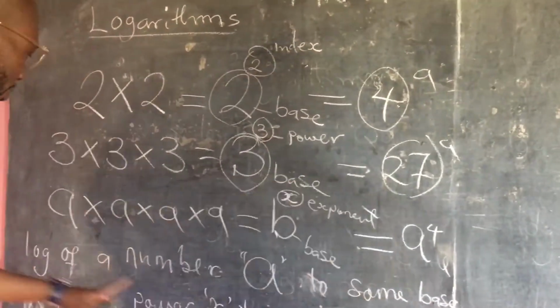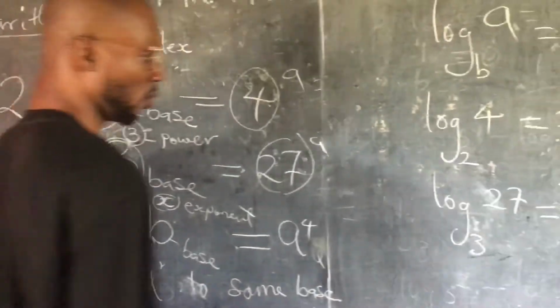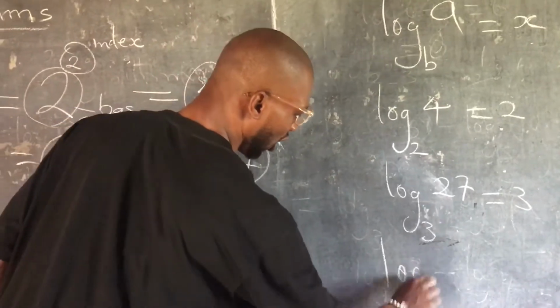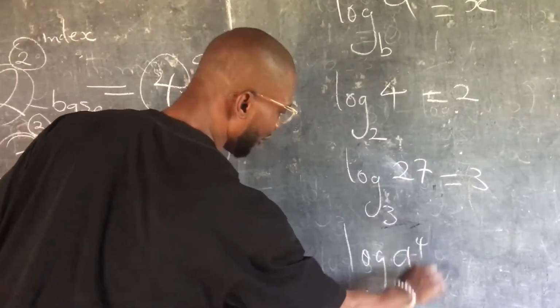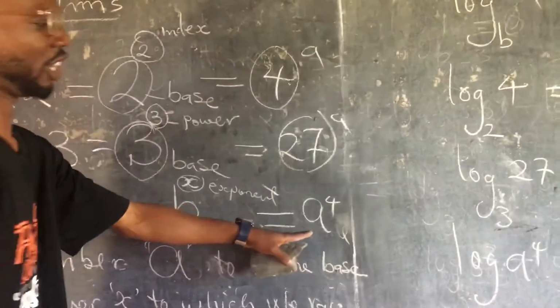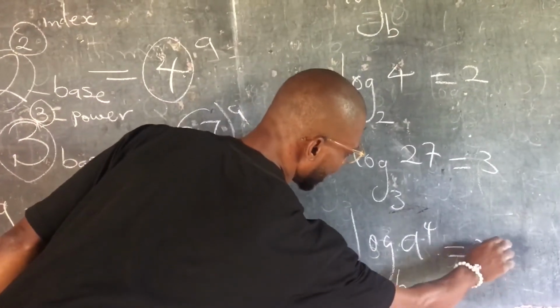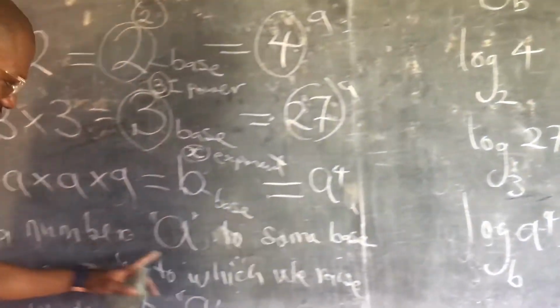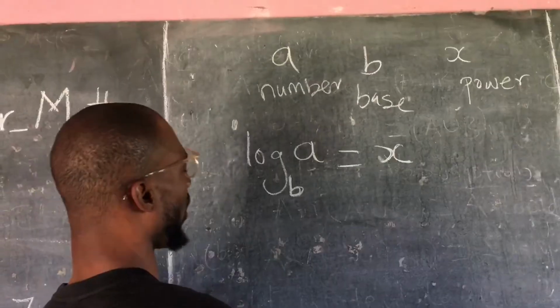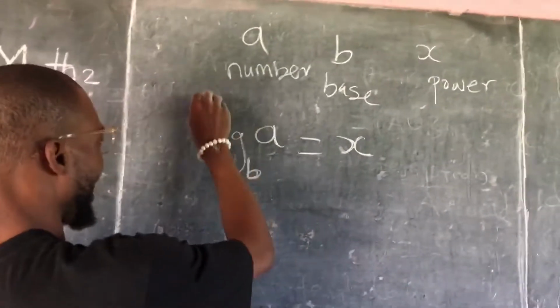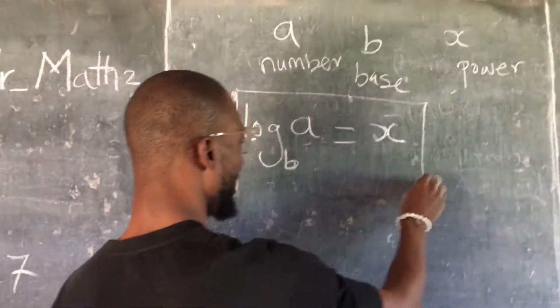Using this example. And then for this example, we will say that the log of a raised to power 4, abi? The log of a raised to power 4 to base b na what? Na x. That's this one now. Now, wetin this thing mean now? Wetin log mean? Na wetin we define.